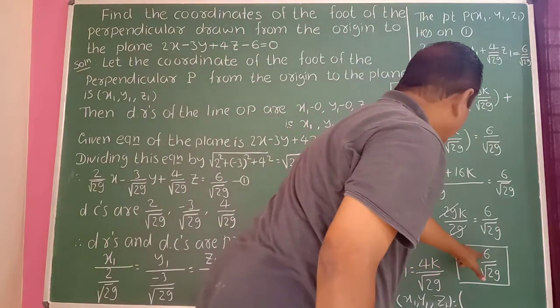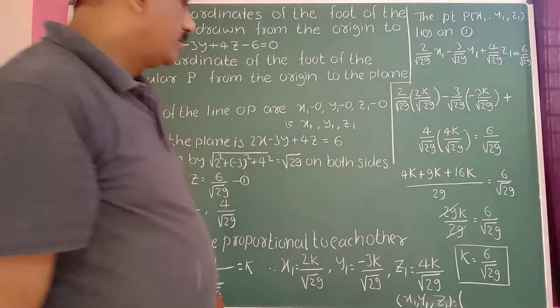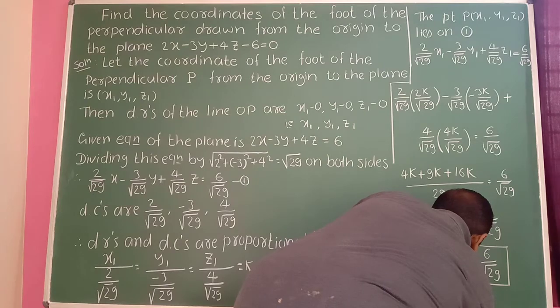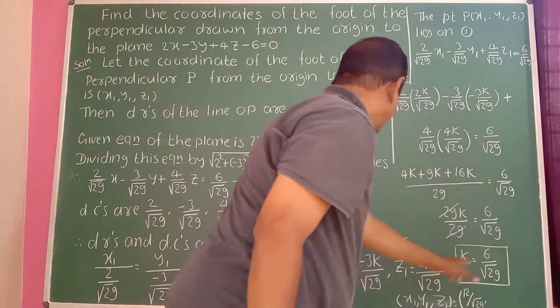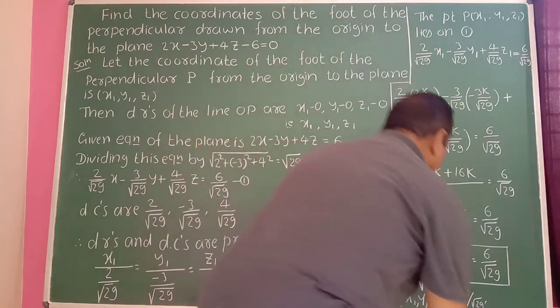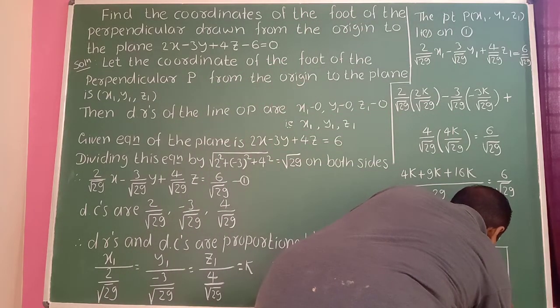6 2s are 12, so 12 divided by root of 29. And 6 3s are 18, so minus 18 by root of 29.